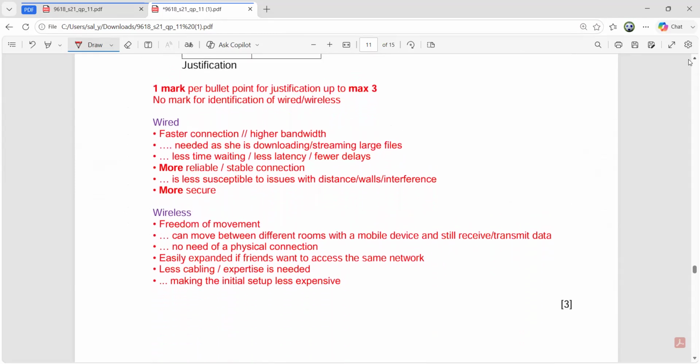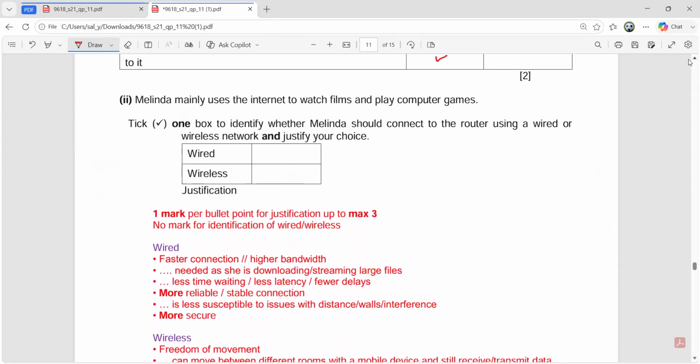Be very clear: 3 marks means that you have to write the proper justification. There's no mark awarded for ticking wired or wireless. A few students may tick wired and a few others may tick wireless, but whichever they tick, they should be very clear about why they have chosen it. Their justification should be accurate to gain the marks.